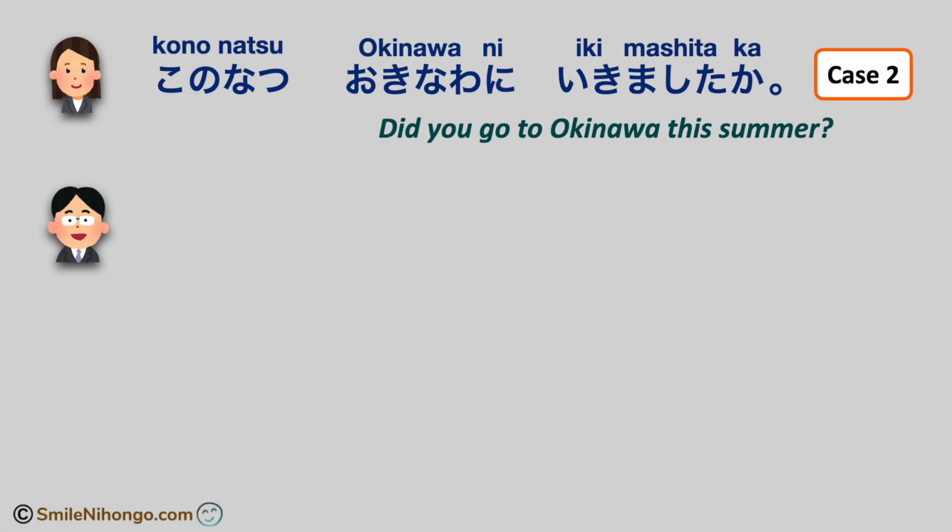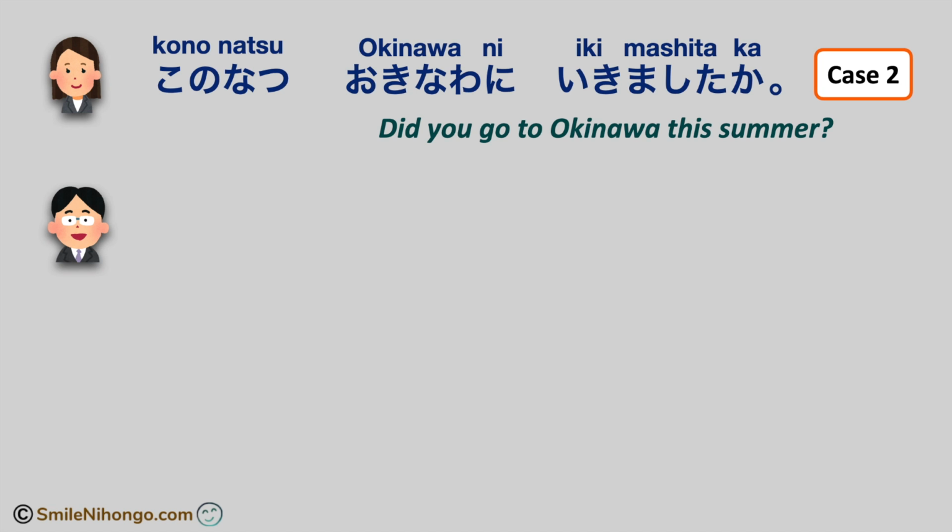It is when the speaker and the listener do not share the same information about the past. Let me explain what I mean by that. Let's say this man goes on a trip to Okinawa every summer and the woman knows it. Now the summer is over, she asks him the question, この夏、沖縄に行きましたか？ Here it means more like, Did you go to Okinawa this summer again?